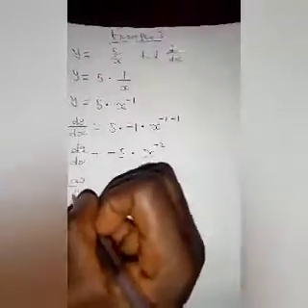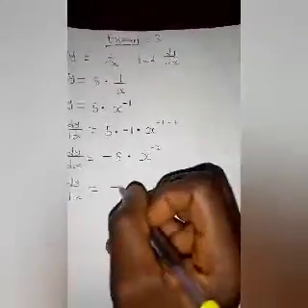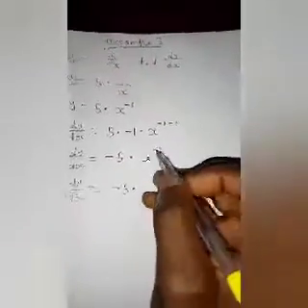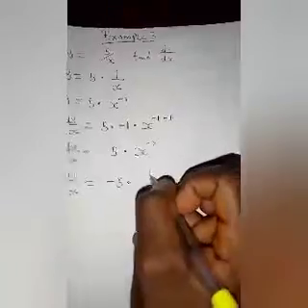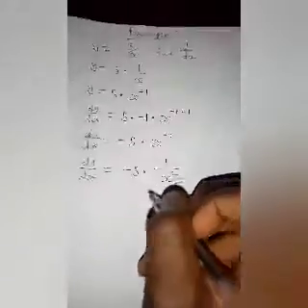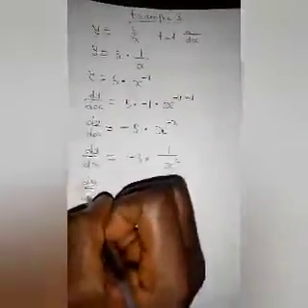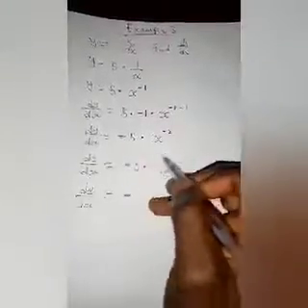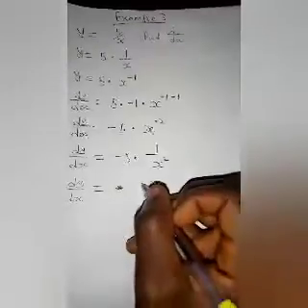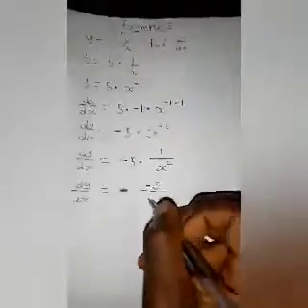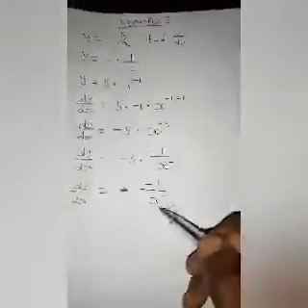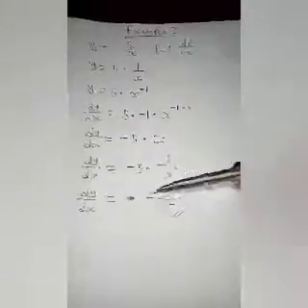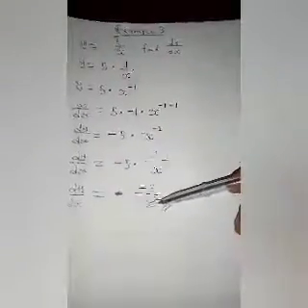So dy over dx equals minus 5 times, and a minus in indices means 1 over x squared. So the minus 5 multiplies, and we have minus 5 over x squared. So dy over dx is minus 5 over x squared.